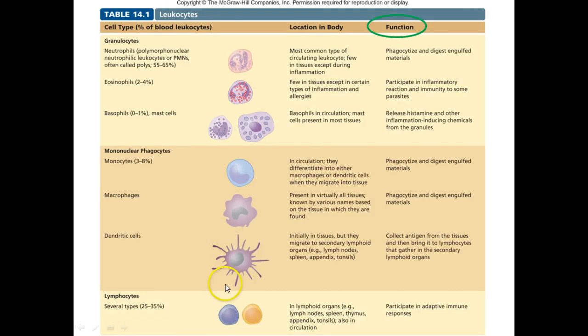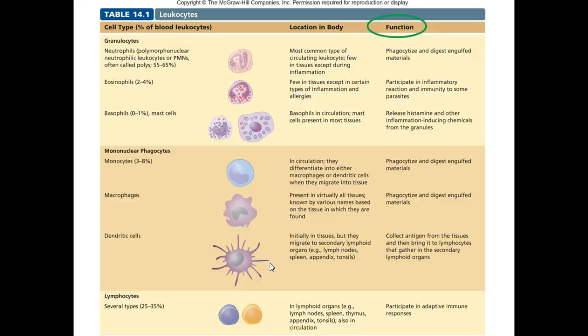Dendritic cells, on the other hand, which are believed to be descendants of monocytes as well, are named after the long tendrils you notice them drawing. These are throughout your body as well, but they travel. They're kind of like the scouts.